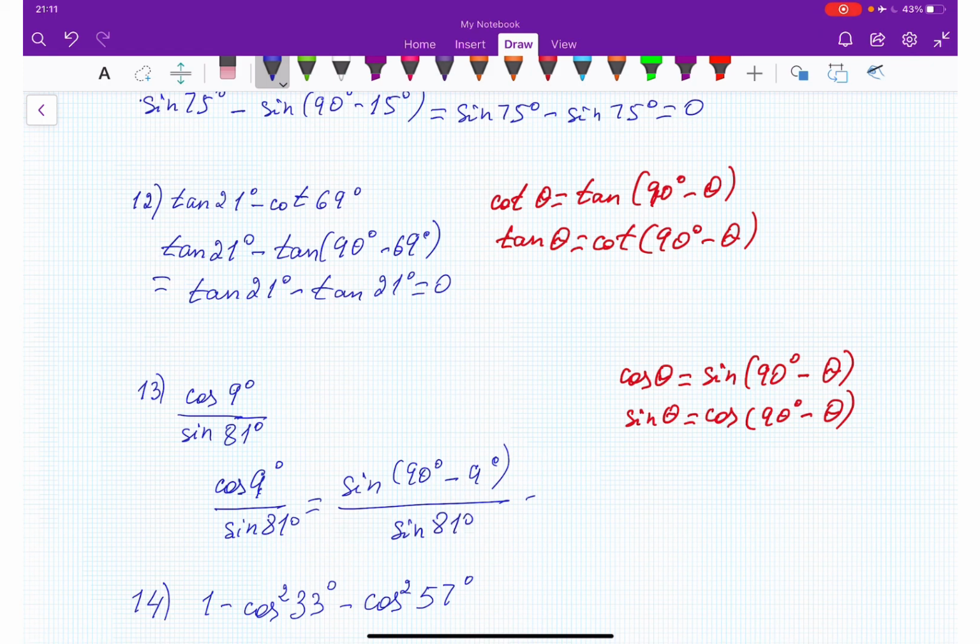And we are getting sine 81 degrees over sine 81 degrees. It's equal to 1.